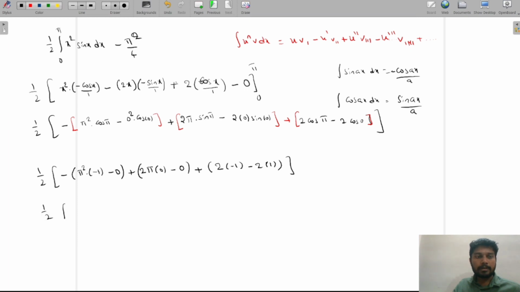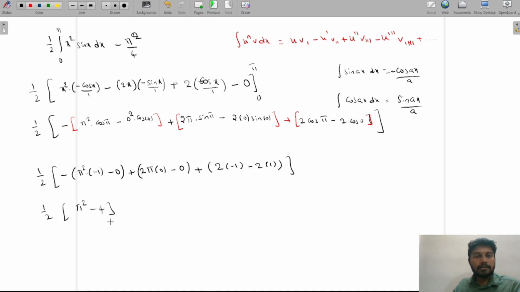So 1 by 2 of, this is minus pi square, and by multiplying with minus it will become plus pi square, and here is 0, and minus 2 becomes minus 4, minus 2 minus 4, minus 4.